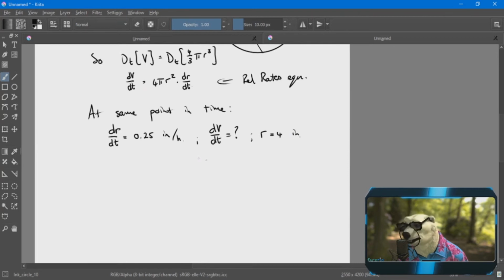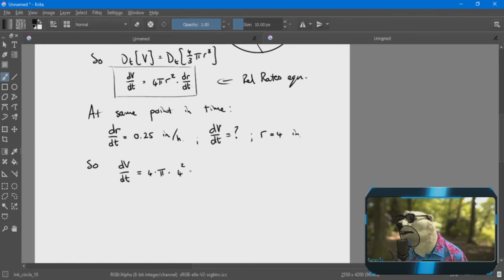Now all the units are going to match, so I don't have to worry too much about that. When I look at my related rates equation, I see that I have information for everything except one, the one I'm looking for. So I already have the dV/dt that I'm looking for solved and isolated on the left. I can just plug in everything. 4 times pi times 4 squared times negative.